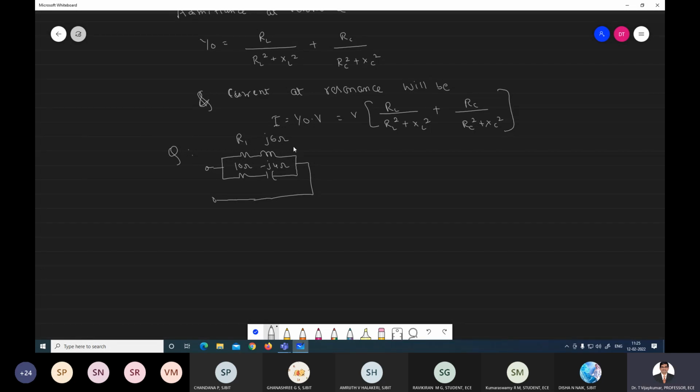So as we know, what is the YL now? YL is equal to 1 by R1 plus j6. This you have to rationalize. That is R1 minus j6 divided by R1 plus j6 into R1 minus j6. Simplify this.